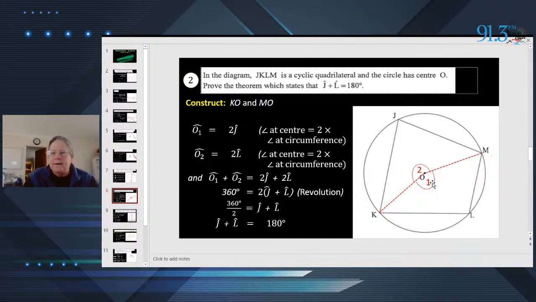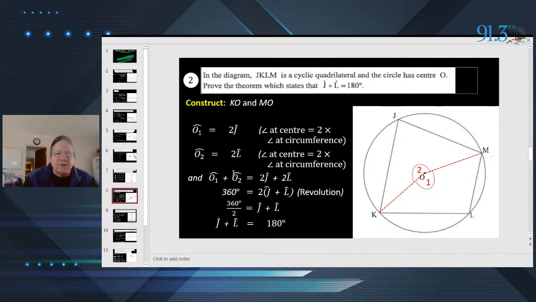O1 would be twice angle J, because the angle at the center is twice the angle at the circumference. And angle O2, which is the big one on the outside, the obtuse one, is twice angle L. Again, angle at the center of a circle is twice the angle at the circumference.